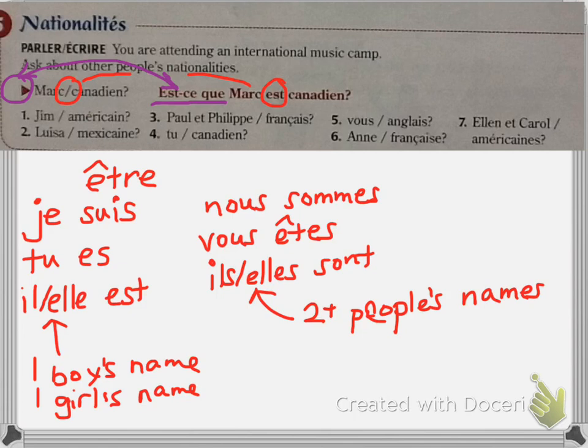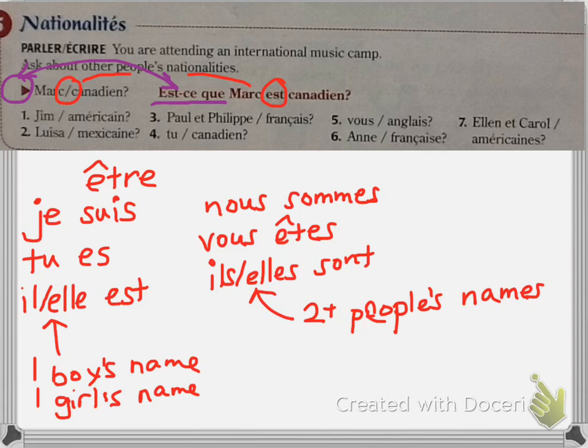So, numéro 1. Est-ce que Jim est américain? 2. Est-ce que Luisa est mexicain? Numéro 3. Est-ce que Paul et Philippe sont français? Numéro 4. Est-ce que tu es canadien? Numéro 5.